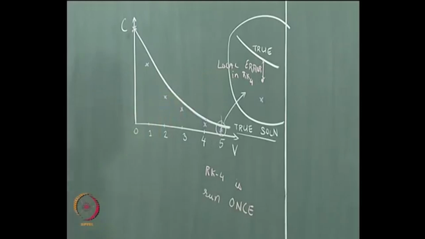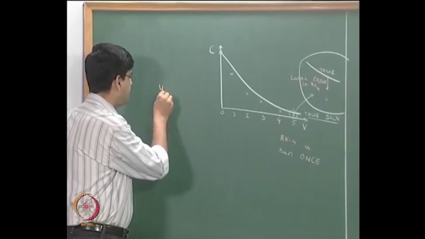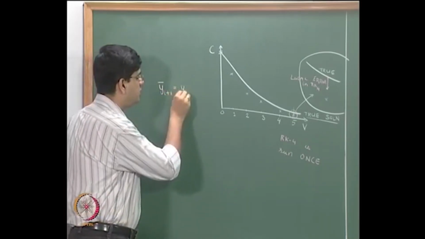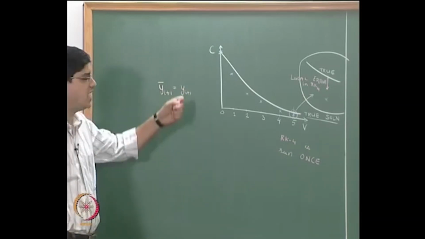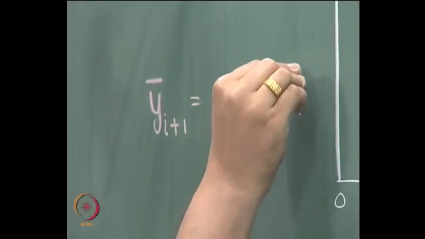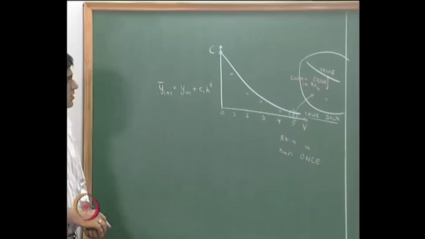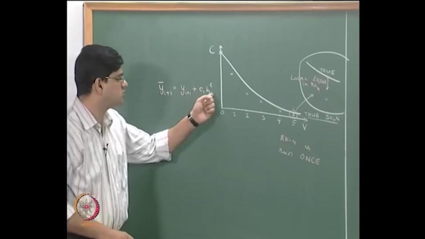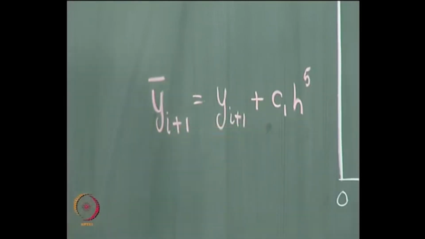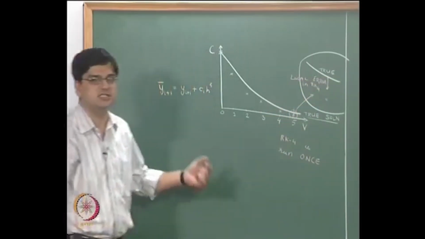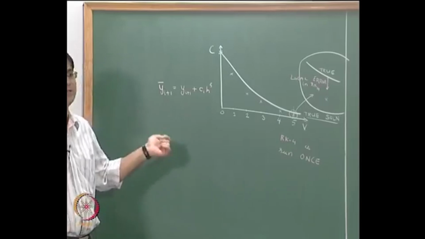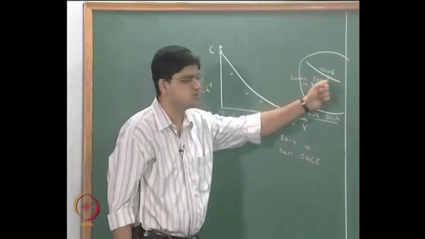What that means is that the true value of y i plus 1 is equal to y i plus 1 from the RK4 method plus an error term which we can write as some constant C1 h to the power 5. So this error is proportional to the fifth power of the step size that I have chosen. Now this error is the local truncation error. This error is the error going from the ith value to the i plus 1th value, assuming the ith value was the true value. So this represents the local error.